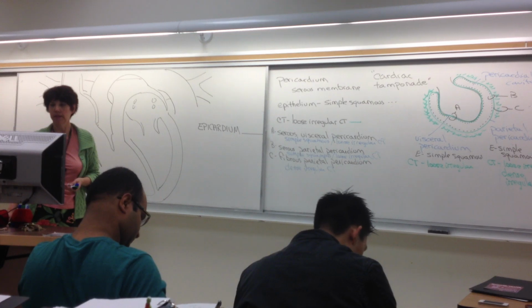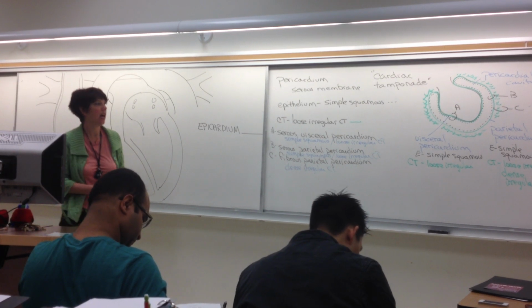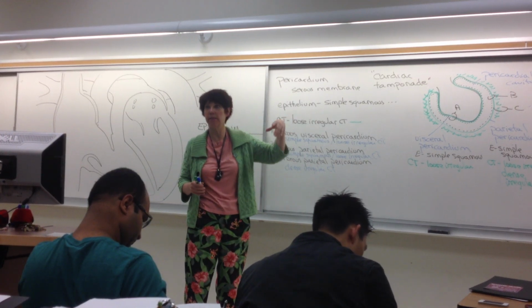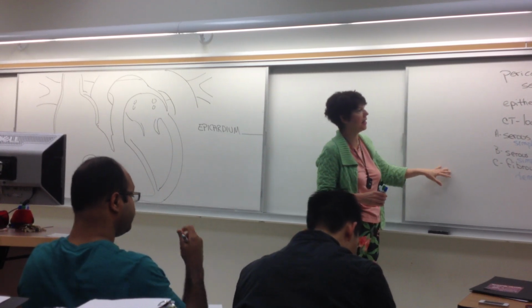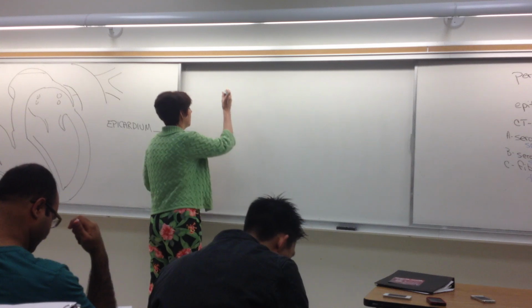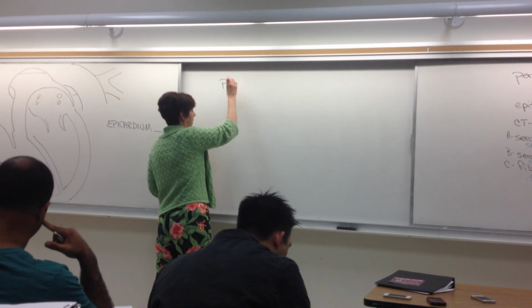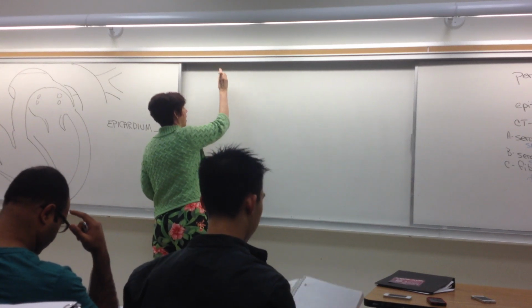Okay, before we actually look at the structure of the heart, can I slide this over to cover the mediastinal cavity component? Now we've looked at the outer wall of the heart, which is the pericardium, right? So let me just use the term epicardium, so you know exactly which pericardium I'm talking about.